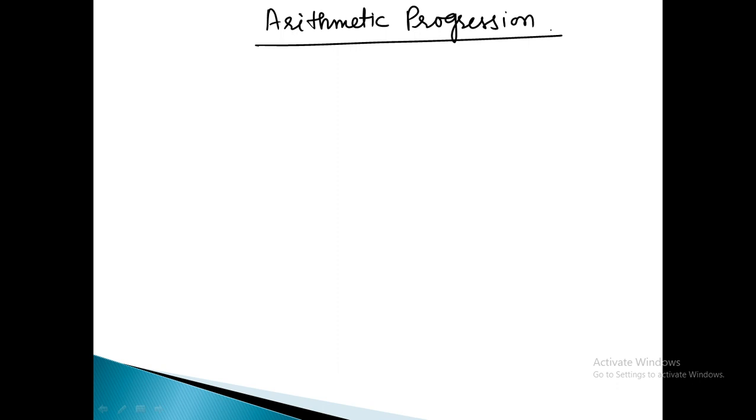In arithmetic progression, you should keep in mind about sequence. What is a sequence or order? A sequence is an arrangement of numbers in a fixed, definite order, according to a rule. That is known as a sequence.